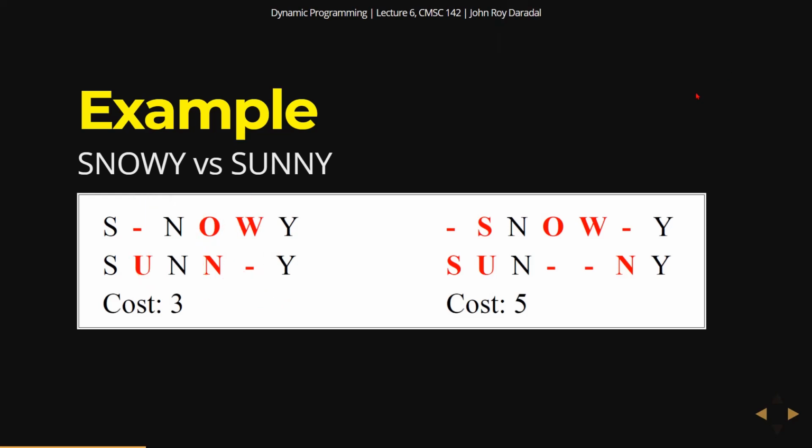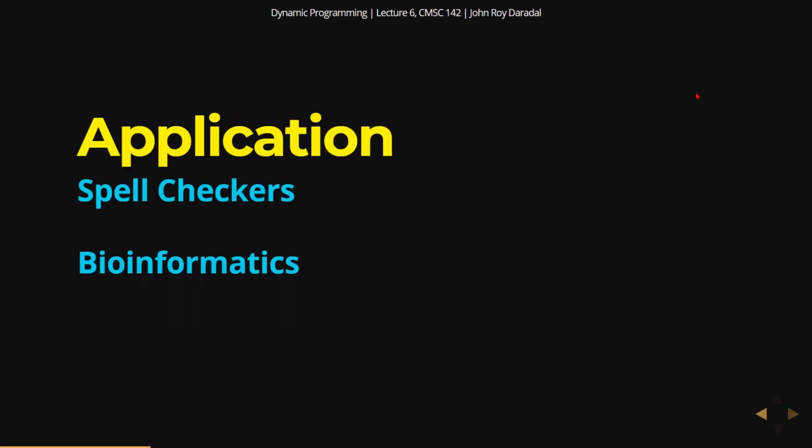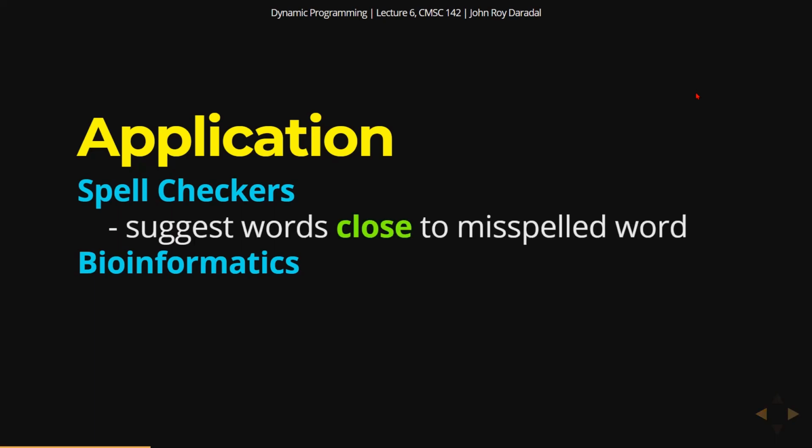Okay, so why are we interested in solving this problem? It has some applications, like for spell checkers. It would suggest words close to the misspelled words, and how do you know that that word is close to the misspelled word? Well, you can get the edit distance. If it's close enough, then you can suggest that one.